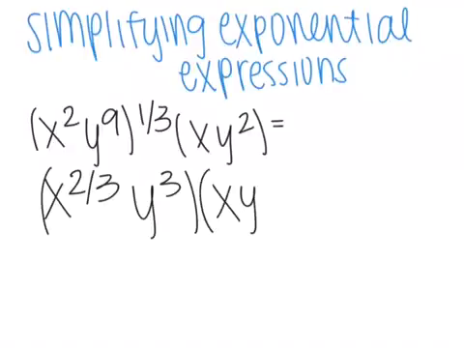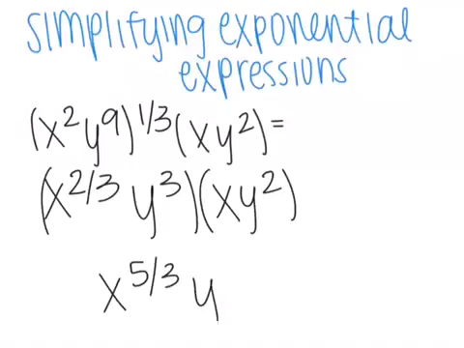Put back xy squared on the end, and now combine both x's and both y's, adding the exponents because it's like multiplying the x's and the y's together. So it's going to be x to the 5/3 times y to the 5th.